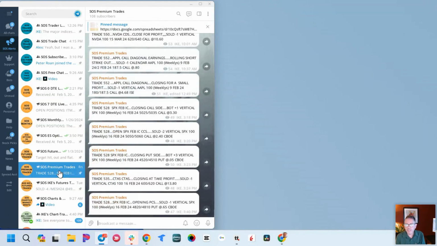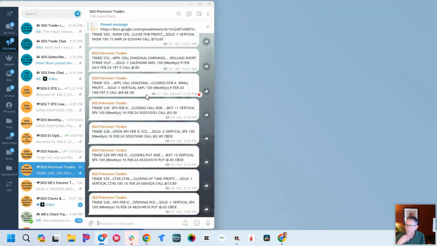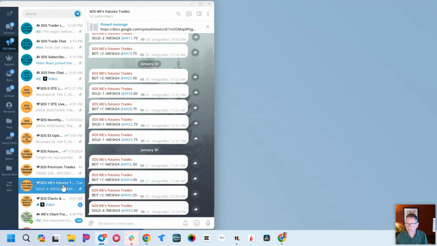So he's an on-staff trader that trades premium trades, which are basically diagonals, verticals, and a lot of other trades that he places as well. And then we have Ike's futures trades as well. And these are a little bit dated as well because we're working on them.